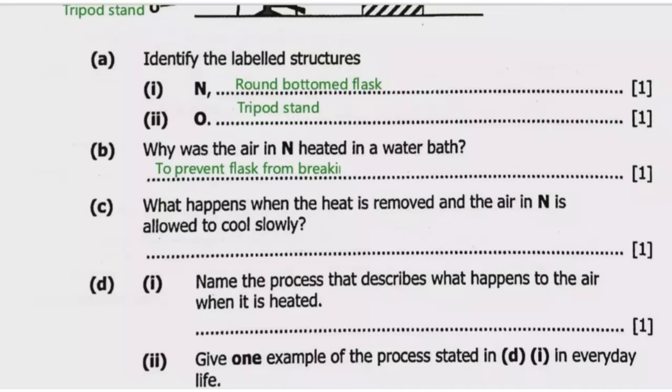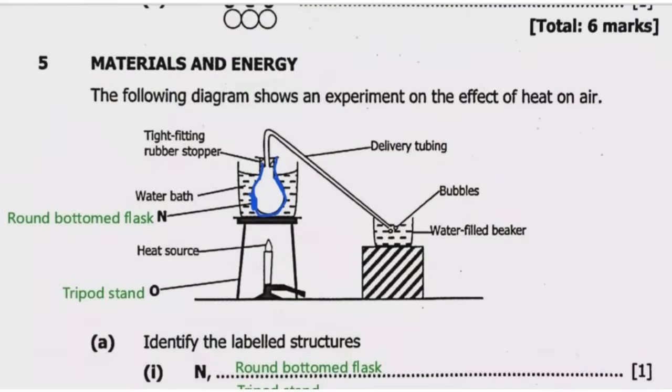Okay, so first of all, the reason why we can see bubbles here is that when heat is introduced to the round bottomed flask, the air inside the flask starts expanding. Now when it starts expanding, it becomes big. That's why you can see the air escaping. That's why you can see the bubbles.